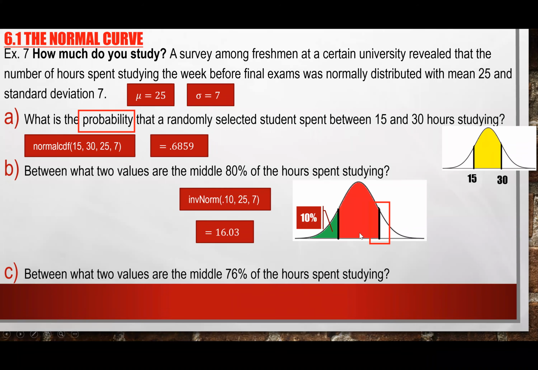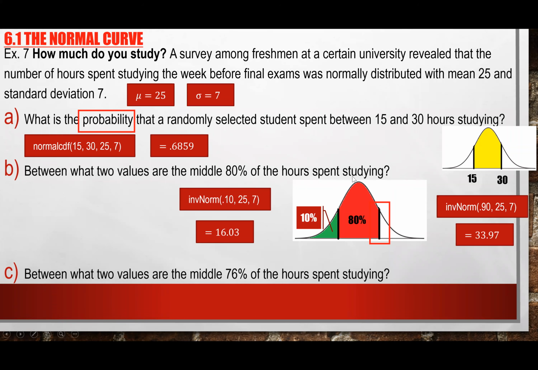My calculator can only calculate the area to the left. So I need to take 10 plus the 80, and that's where the 0.90 came from. I put that in, and my answer, or the two values, will be between 16.03 and 33.92. And again, this is what you have.